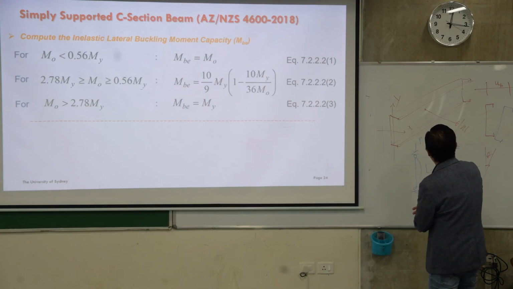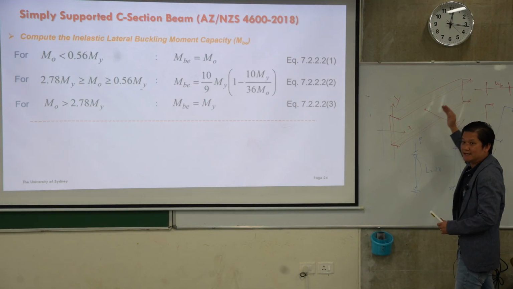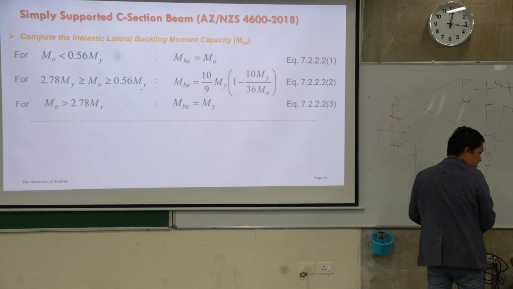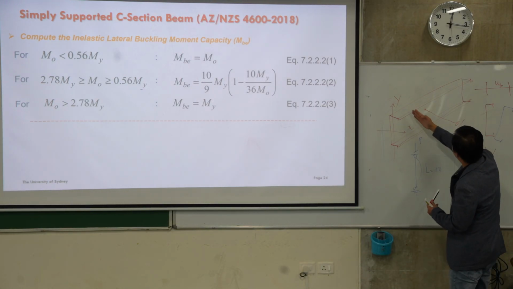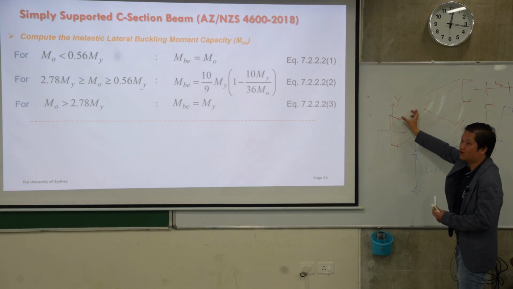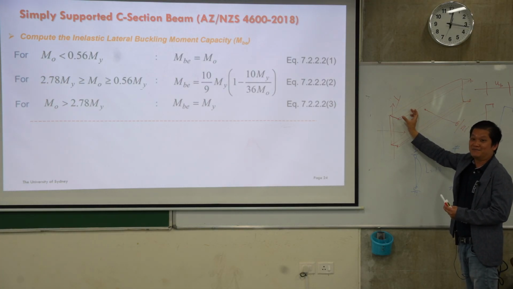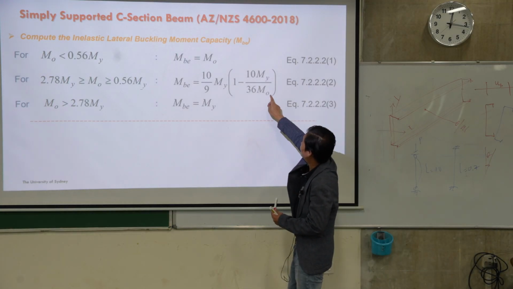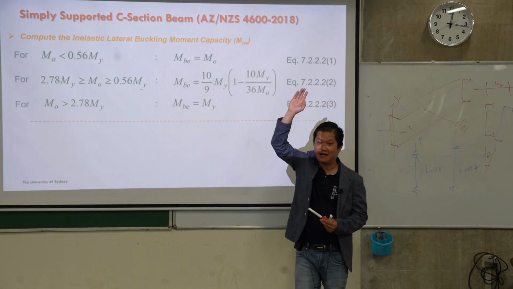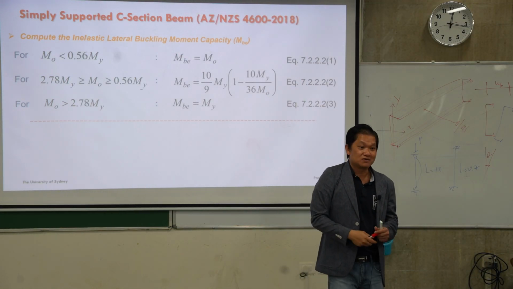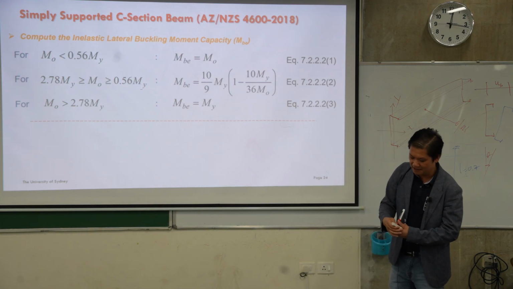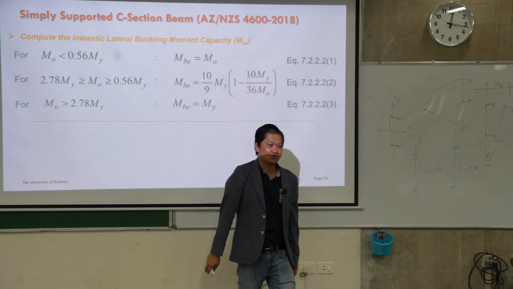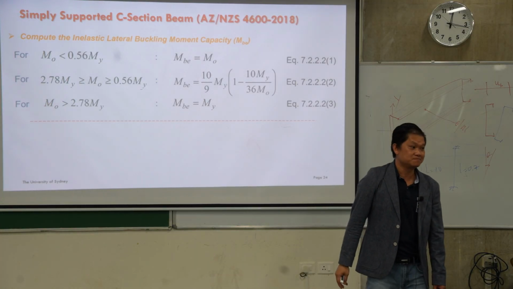If you have enough bracing, then you calculate MBE, because you can imagine that with more bridging, your effective length is much smaller, right? And when that is smaller, M naught in here goes up very fast. So it doesn't buckle. Then what you focus on for the member is here: it's getting to yield. You maximize the section yield. Okay?